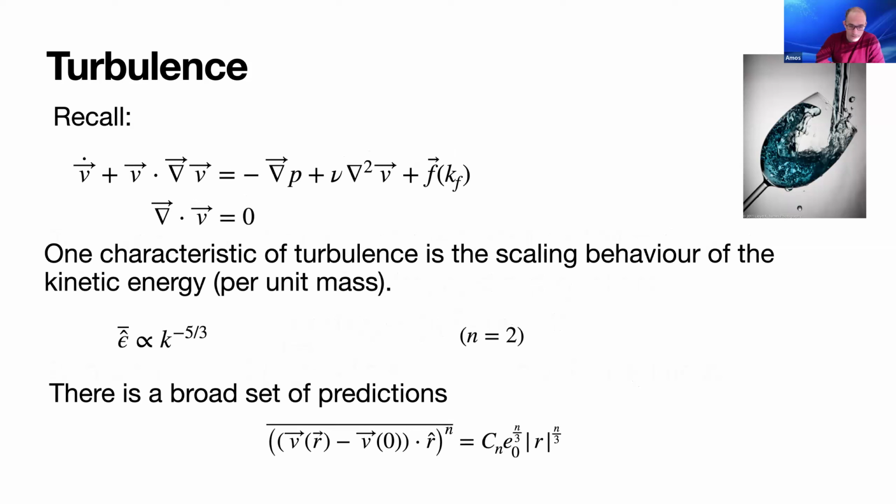Okay, so the energy power spectrum is what I call the kinetic energy per unit mass. The power law behavior k to the minus 5/3 you can really get from setting n equal 2 in this expression here, and then Fourier transforming the velocity squared will give you eventually this minus 5/3 law.